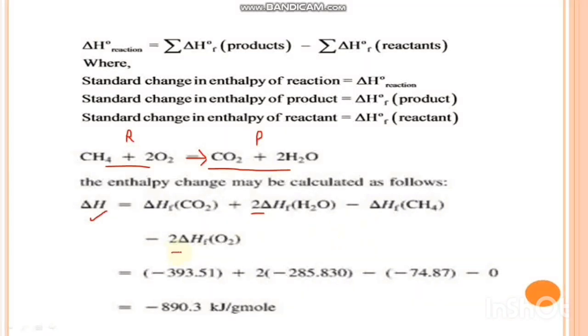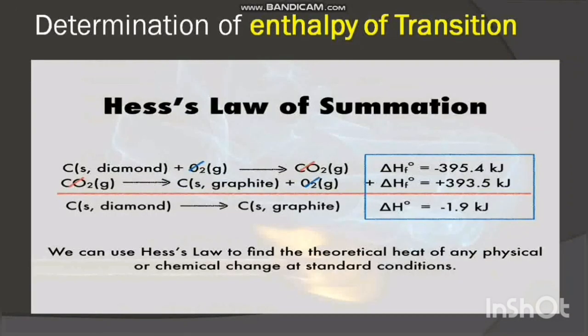When we put the values, we can calculate standard enthalpy of this reaction, which comes out to be minus 890.3 kilojoule per mole.